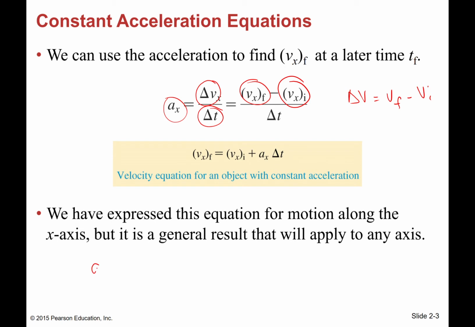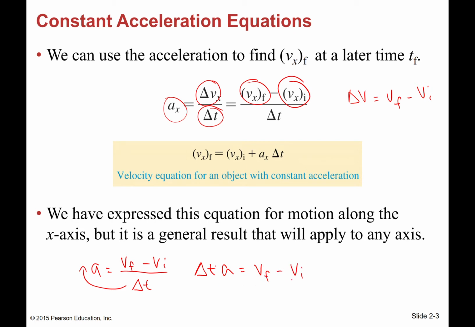Acceleration is equal to Vf minus Vi, which is delta V, divided by delta T. So we can take this delta T and put it here multiplying, so we can write delta T times a is equal to Vf minus Vi.